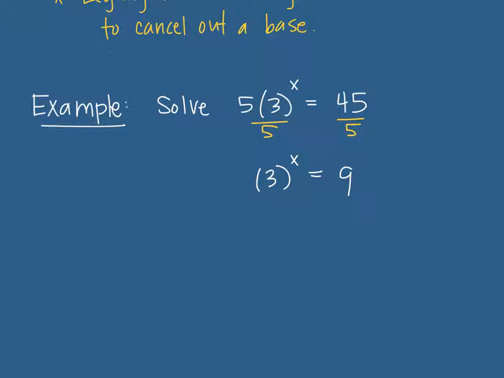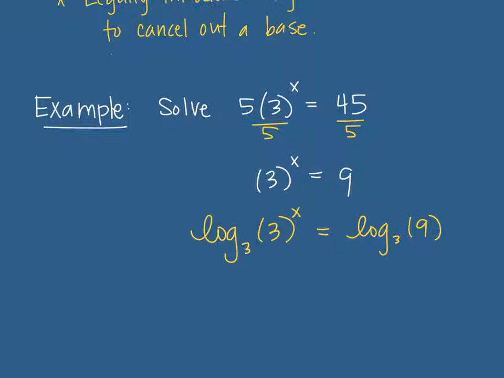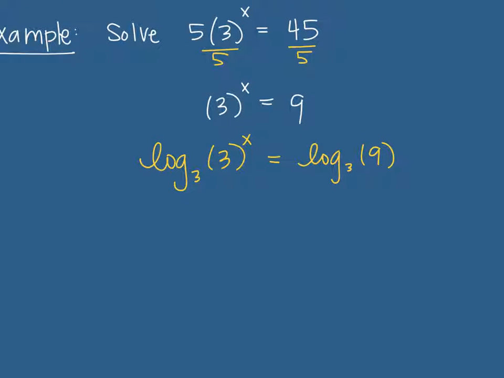This is how that works. The log you introduce has to have a base of 3 because it matches the base that's in the parentheses. And on the other side, you have the log, and then you have the number 9. Hopefully, you recognize 9 as a math fact, and you change the 9 to a 3 squared.